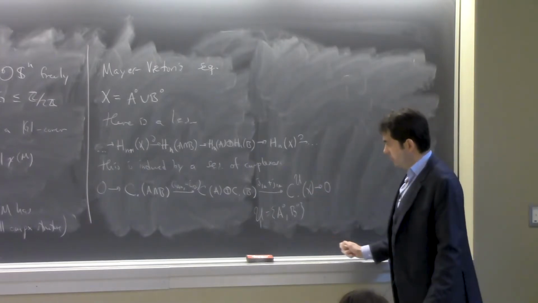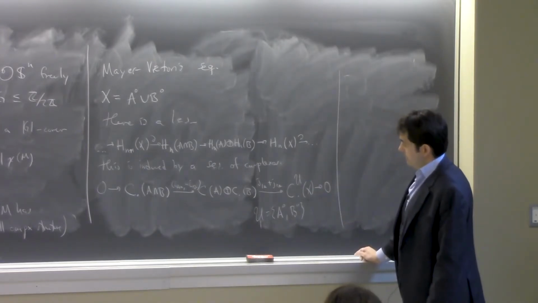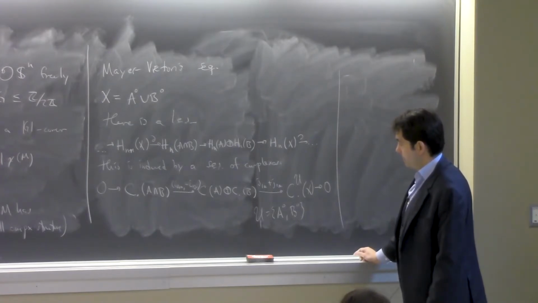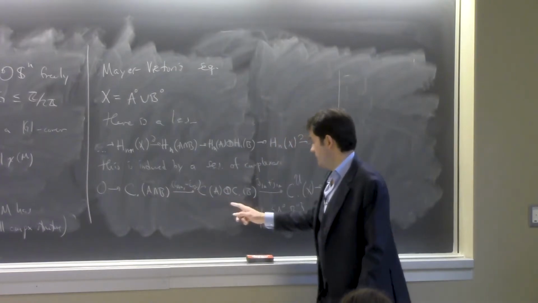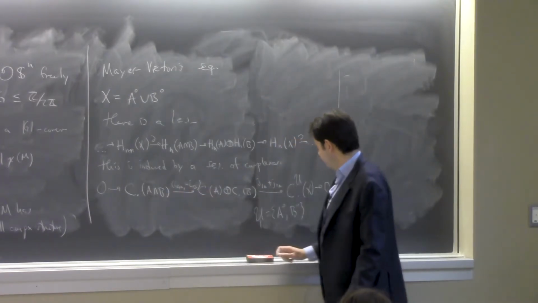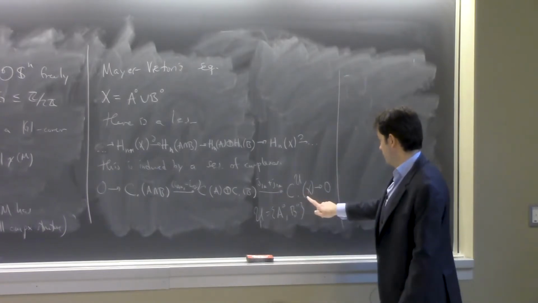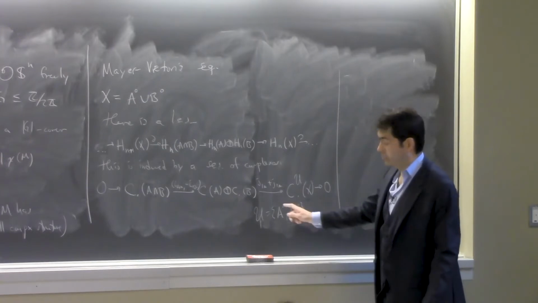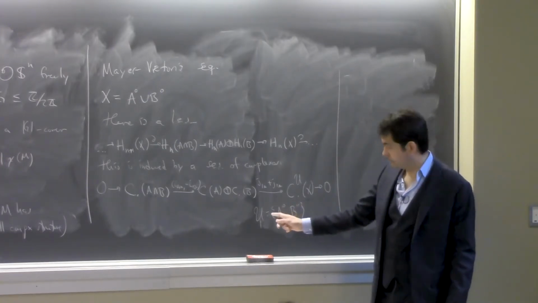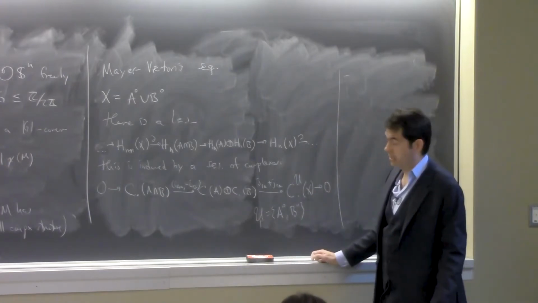Okay, so we should justify that this is exact. This is injective because each of these is injective. This is surjective because we proved back when we did excision that it's surjective. So it's just a matter of showing that it's exact in the center.